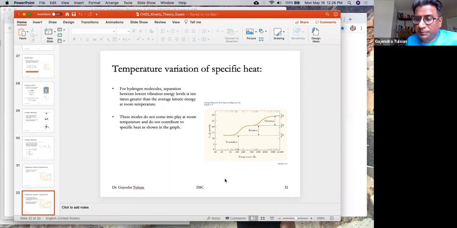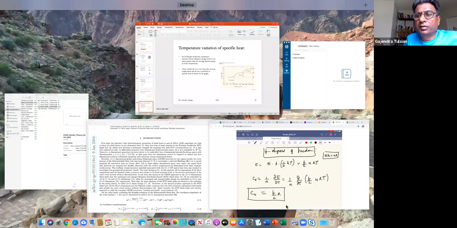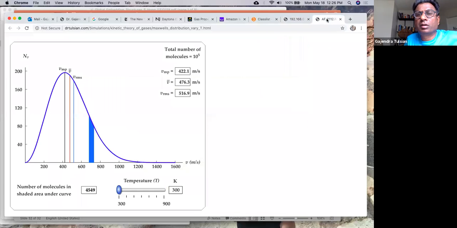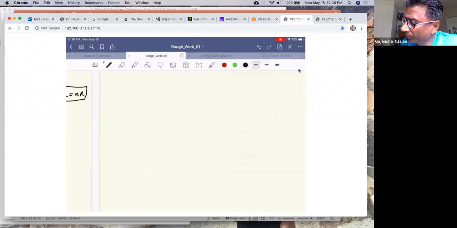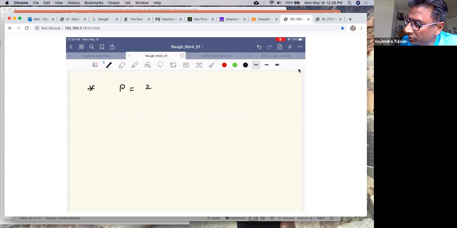Again, let me summarize what we've studied. I'll give you the 2-3 main points. One of the big things about this chapter was relating macroscopic quantities to microscopic quantities.